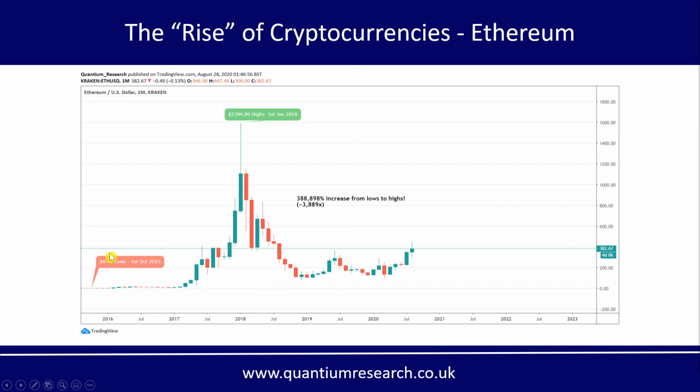This is in US dollars, Ethereum against the US dollar. 41 cents to $1,594 and 89 cents. And that was on the 1st of January, or the month of January 2018, because this is a monthly chart. Each candle represents a month. A 388,898% increase from lows to highs.